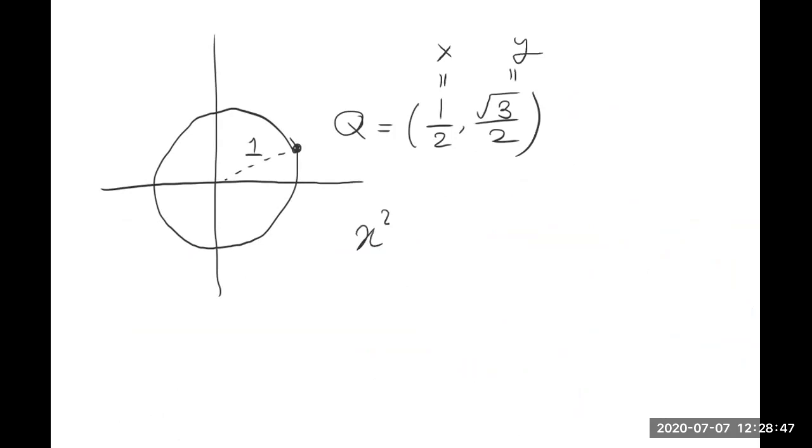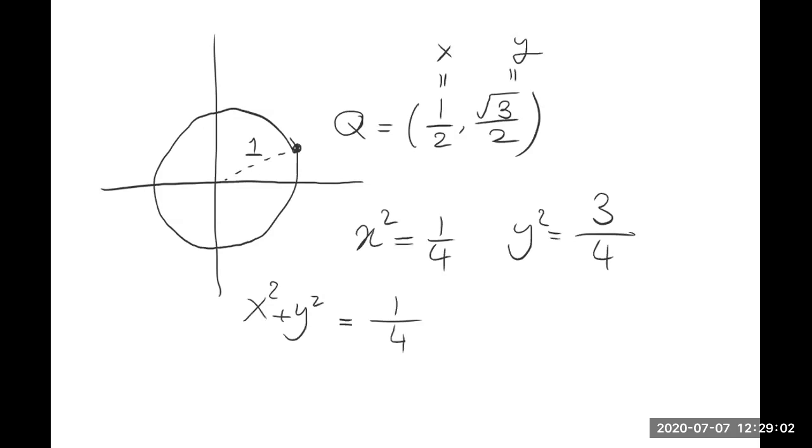X squared is 1 over 4. Y squared is radical 3 squared, which is 3, over 2 squared, which is 4. Now, x squared plus y squared would be 1 over 4 plus 3 over 4. It's 4 over 4, which is 1.